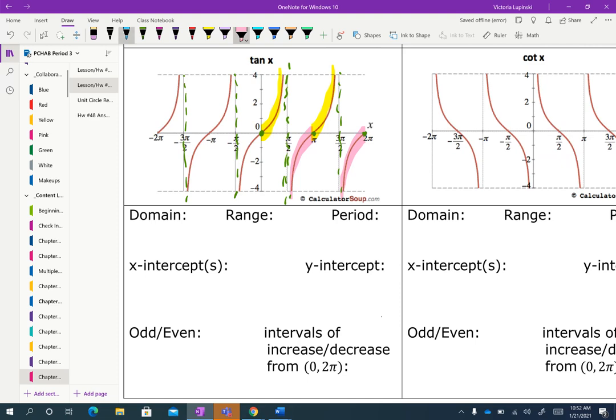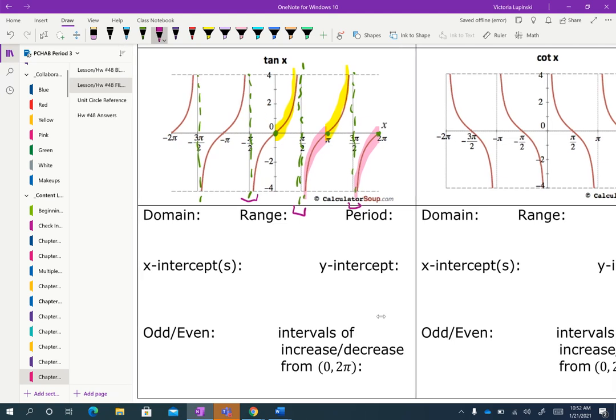When it comes to domain, we certainly cannot have anything that has an asymptote. Notice it's a little bit more difficult than in the past. It's not every multiple of pi, and it's also not every multiple of pi over 2. It's only starting at pi over 2, and then you have to go pi units to the right or pi units to the left in order to get all the other asymptotes.